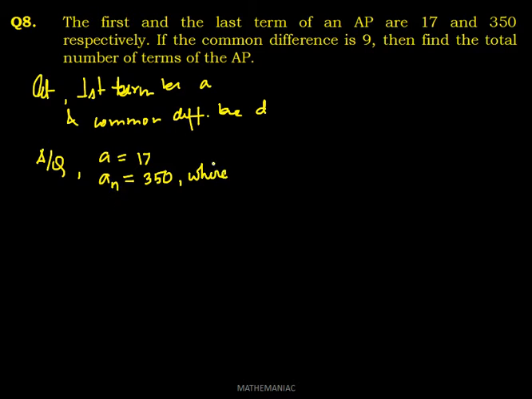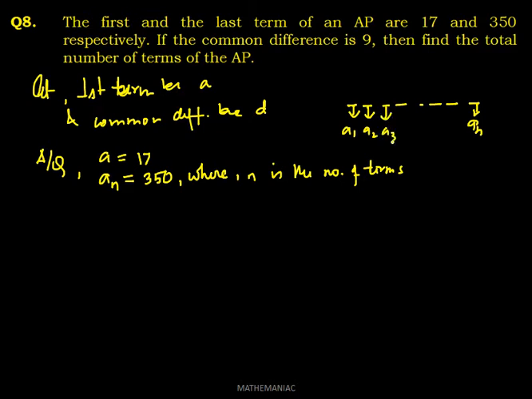If AN is the last term, it means how many terms are there? N is the number of terms. Can you understand this? Supposing that this is the AP, these lines represent the terms of the AP. If I say that this is the last term and I denote it by AN, it means what? Just try to recall. This is the suffix 1, A1, this is A2, this is A3.